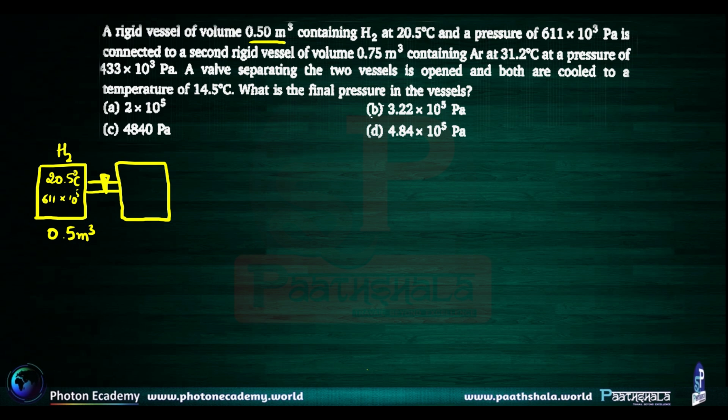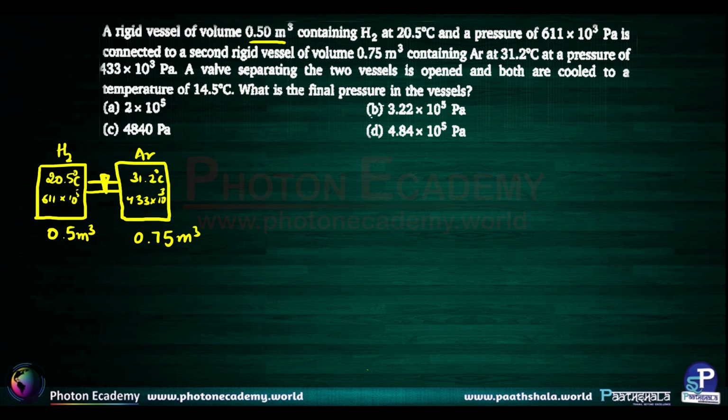The second rigid vessel has a volume of 0.75 meter cube and it contains argon at a temperature of 31.2 degrees Celsius and a pressure of 433 into 10 to the power 3 pascals. Now you open this valve.